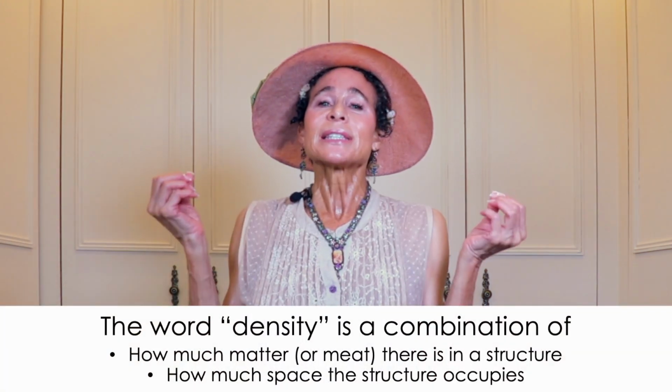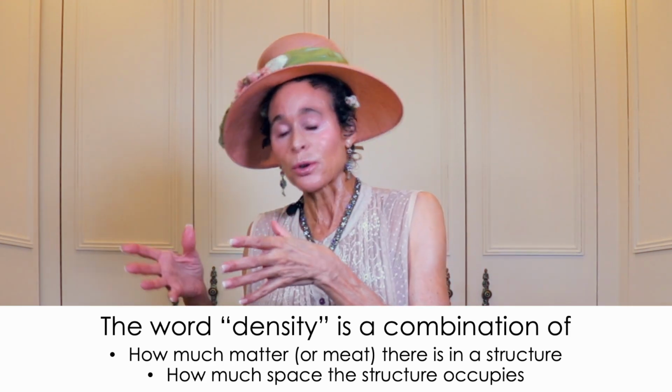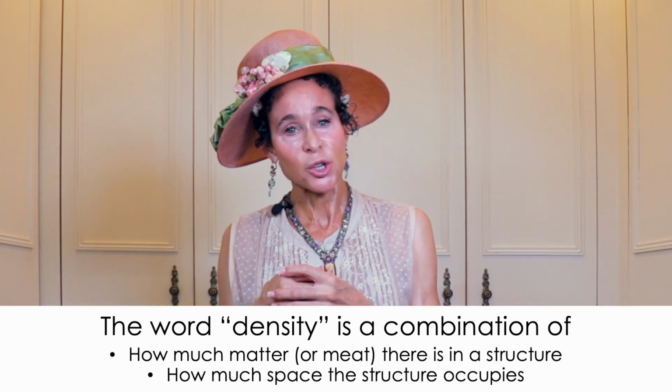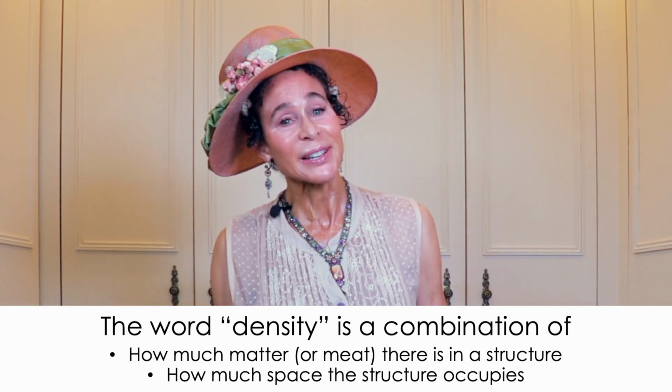So the word density is a combination of how much matter or meat there is in a structure and how much space the structure occupies. Obviously, some things that are very meaty and occupy a lot of space are heavy, but not always. Conversely, some things that are meaty and occupy very little space are very heavy.